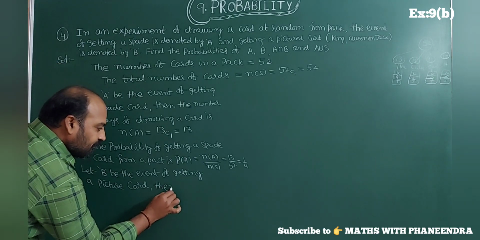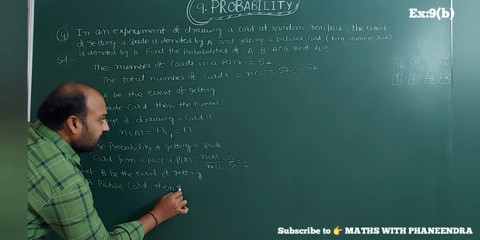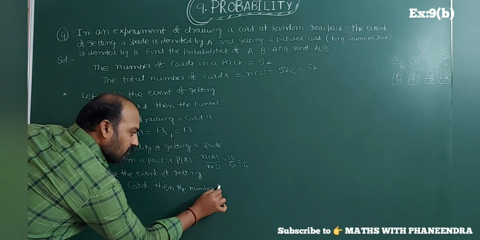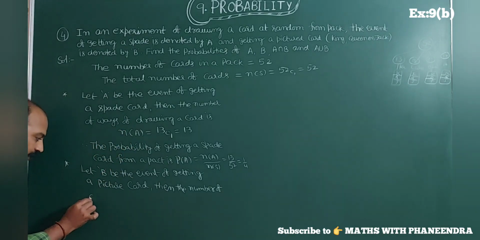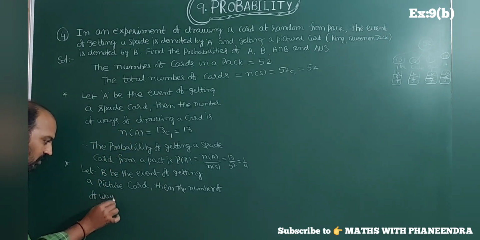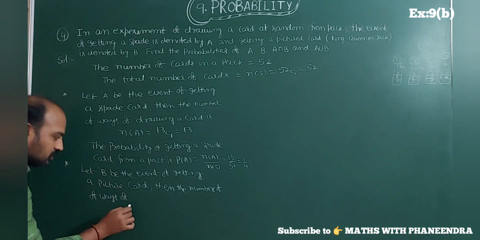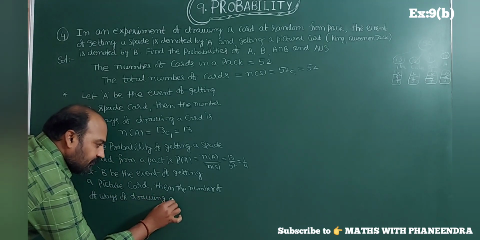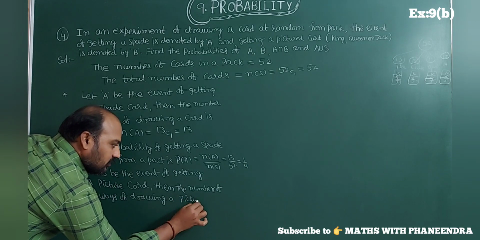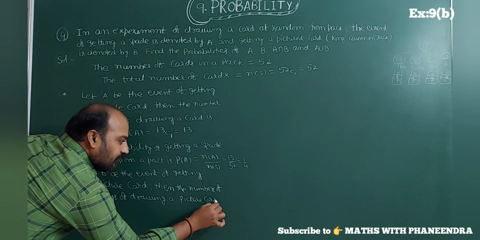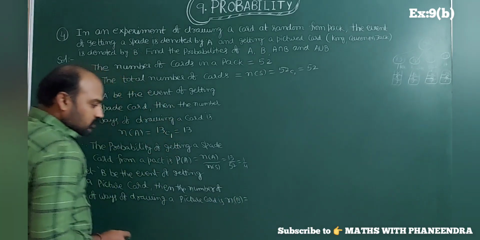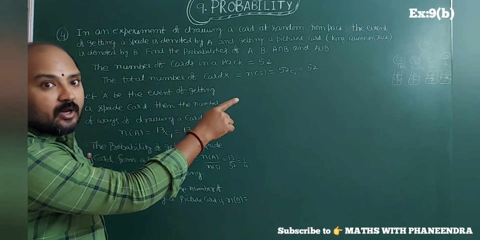Then the number of ways of drawing a picture card is n of B equal to, so picture cards, the 12 are available.